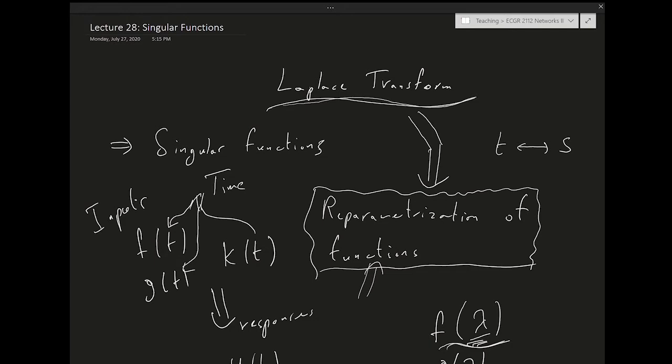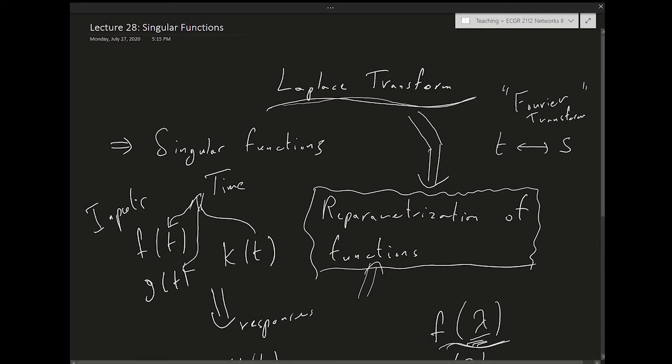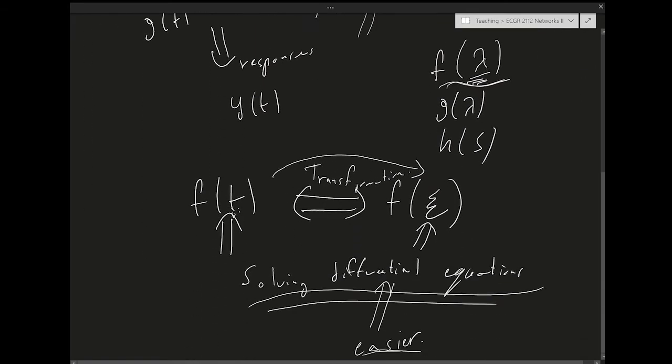One famous way to do that is the Fourier transform, for example, which is a different transform. It is related to the Laplace transform, but it's different. And there are other transforms. When you go to the discrete domain, there's the Z transform, for example. But there are also other continuous transforms.